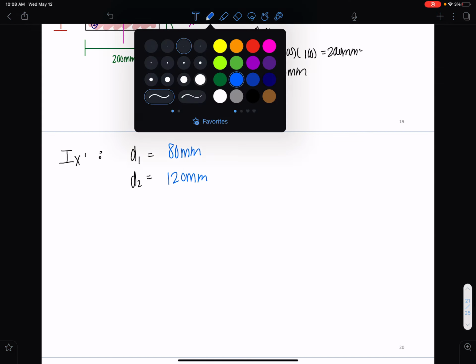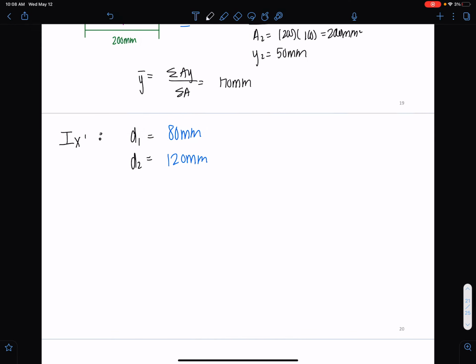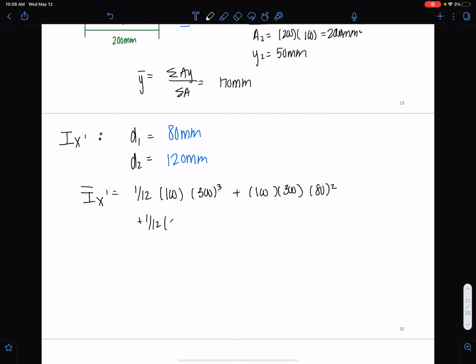Now we're ready to plug everything in. 1 over 12 b h cubed plus 100 times 300 times 80 squared, plus 1 over 12 times 200 times 100 cubed plus 200 times 100 times 120 squared.